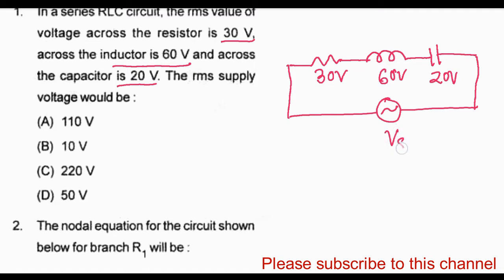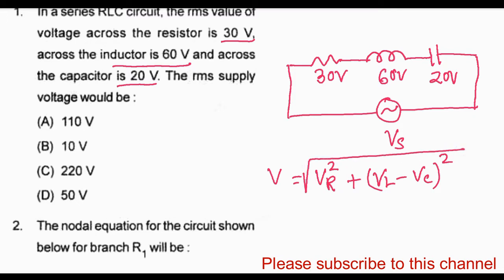We are asking for the supply voltage. So here supply voltage V can be written as the square root of VR square, that means voltage across resistance, plus VL minus VC, that is voltage across inductor minus voltage across capacitor, whole square.